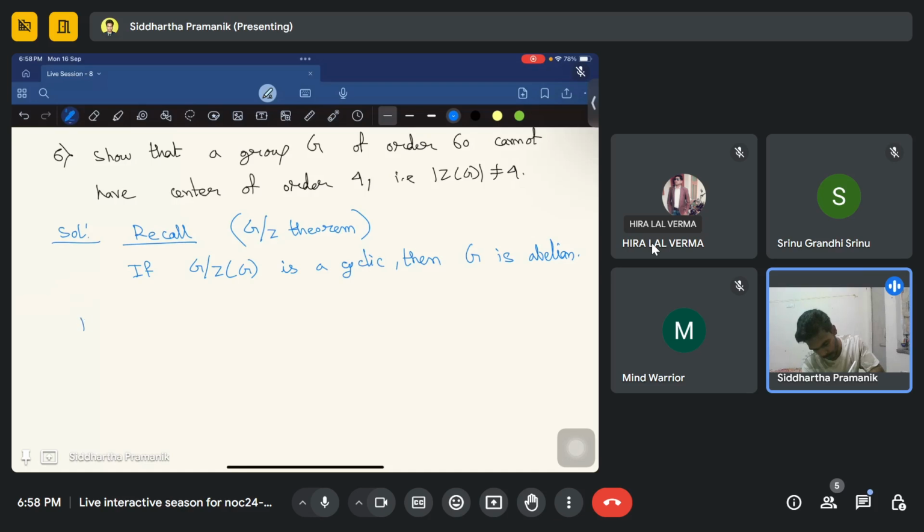So now if the order of ZG is 4, then what is the order of the quotient? The order of G mod ZG is equal to 15, right? But every group of order 15 is cyclic. So G mod ZG is a cyclic group.